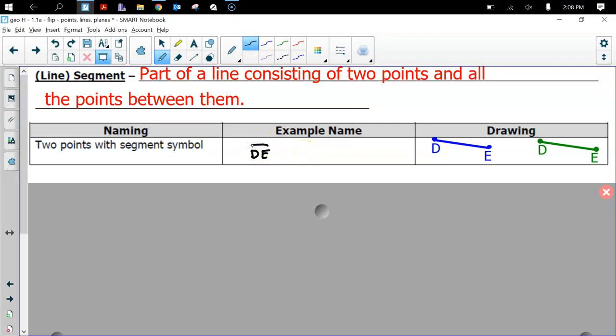So we use a little segment symbol above. So that would be DE. We could also call it segment ED. We don't write the word segment in front. If you do, it's not wrong. It's just not necessary or typical. The segment symbol is what tells us that we care about the segment itself.